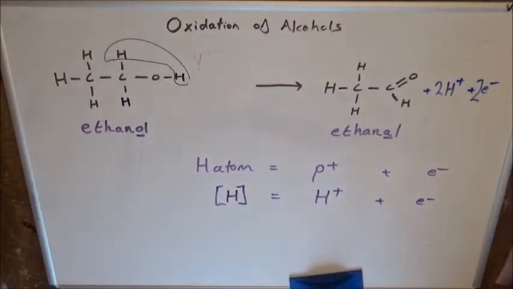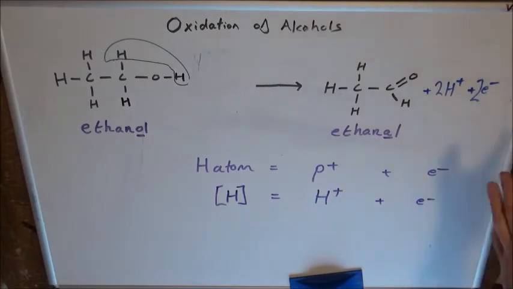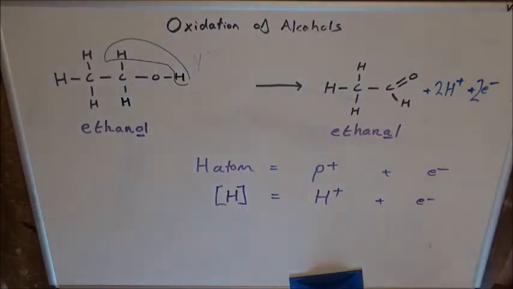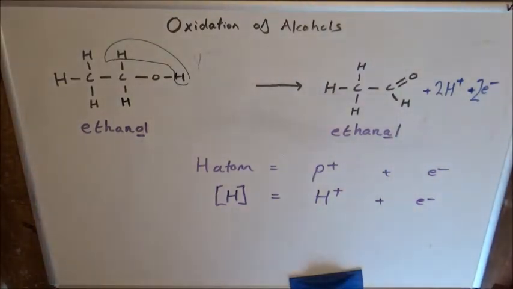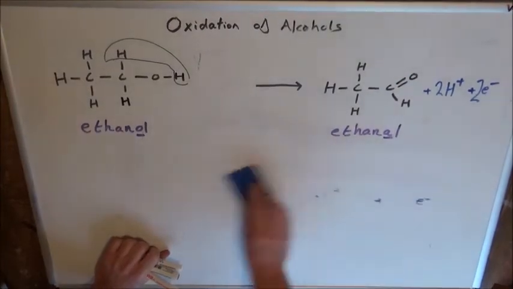And now it's easy to see how the reaction fits the definition of oxidation. It's loss of electrons. It just so happens that the alcohol's also losing two H plus ions, but they're nothing really to do with the definition of oxidation. Oxidation is the loss of electrons.